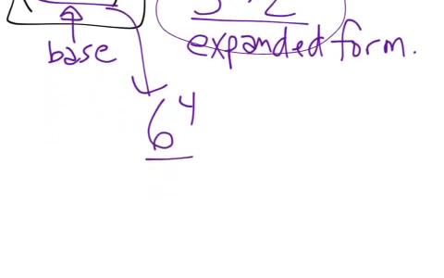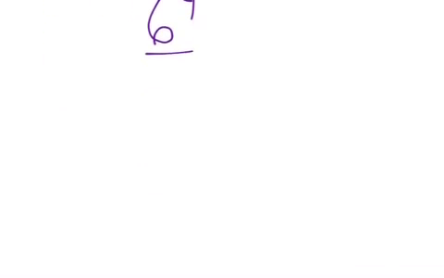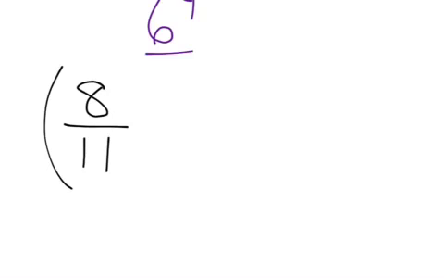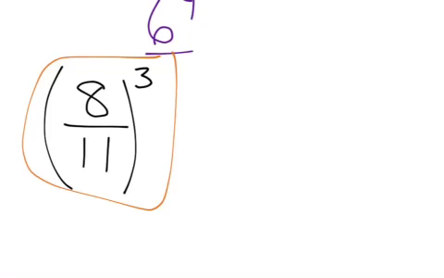Now let's take a look at an example where the numbers within the brackets are being divided. So let's look at 8 divided by 11 all to the power of 3. So here, this whole thing is a power, and the 8 divided by 11 is our base.